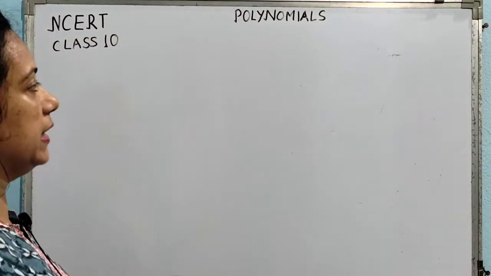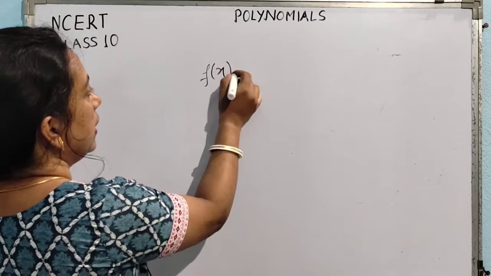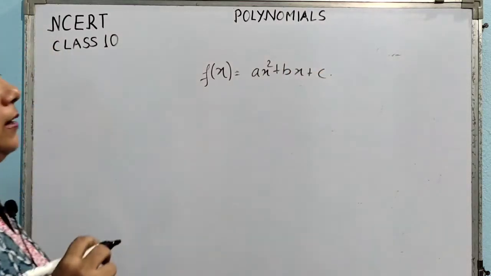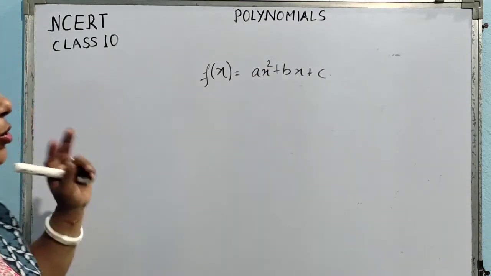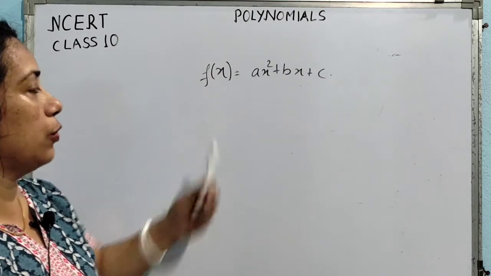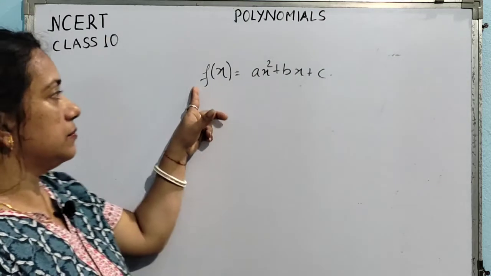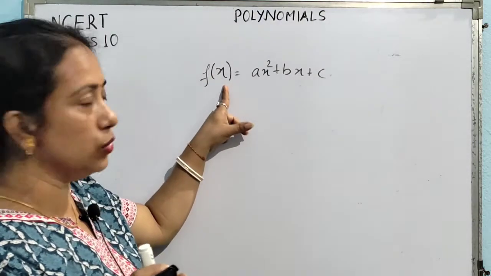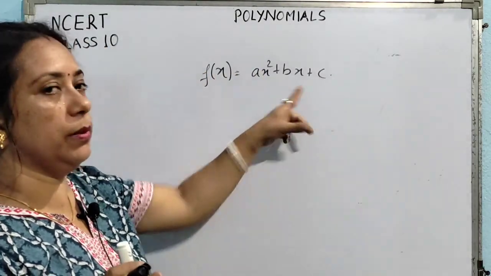Now coming to the next one, that is the zero of a polynomial. Zero of a polynomial means what? f of x is equal to, suppose, ax square plus bx plus c. Now the zeros of this particular polynomial will be those values of x for which this polynomial f of x is equal to 0. Since it is quadratic, it will have two zeros. Is it clear? The zeros of a particular polynomial f of x are the values of x for which the entire polynomial will be equal to 0.